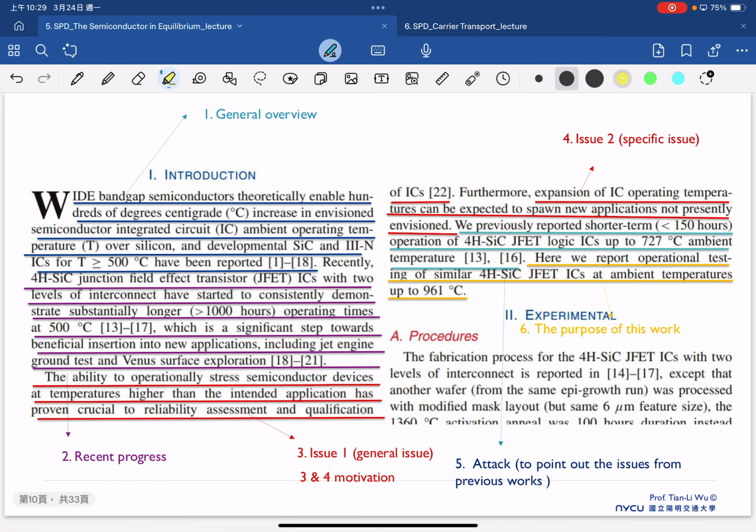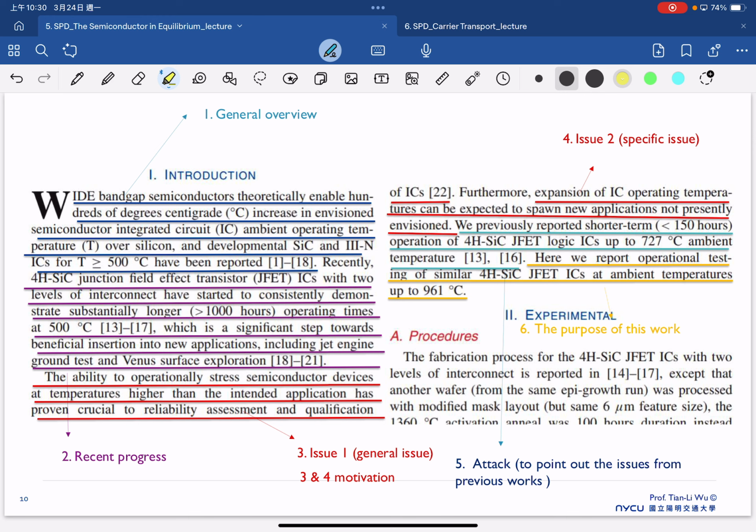But since we mentioned this paper, I think it will also be interesting to look at how Native American people write the paper. For most USA universities, you will probably see lots of papers written by non-natives. They probably come from Asia, from India, from Europe.